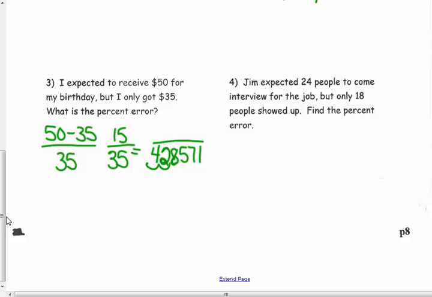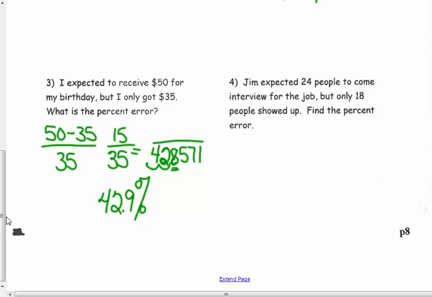We get 42.8, or rounding it approximately because it's an 8 with a 5 sitting next to it, I would say your percent of error is about 42.9%. Exactly, it's 42 and 6/7, actually. I could change it to the mixed number, 6/7, but 42.9, good enough. I rounded it to the nearest tenth.